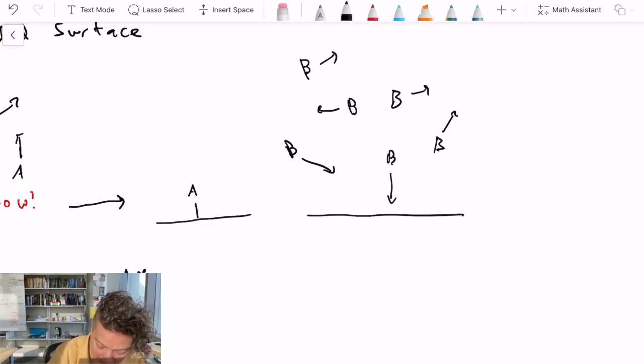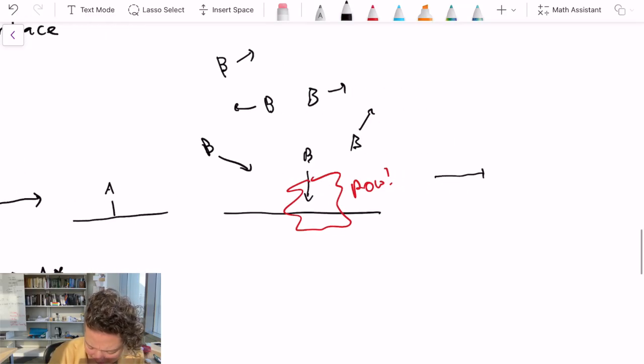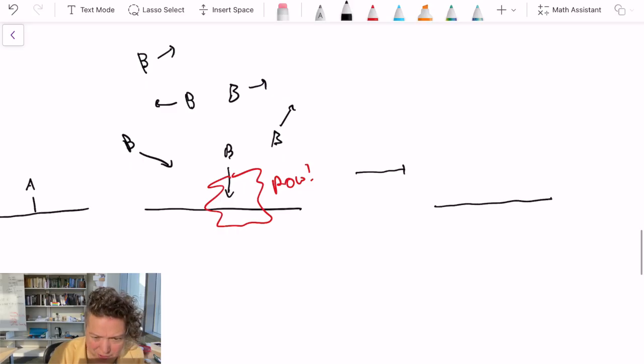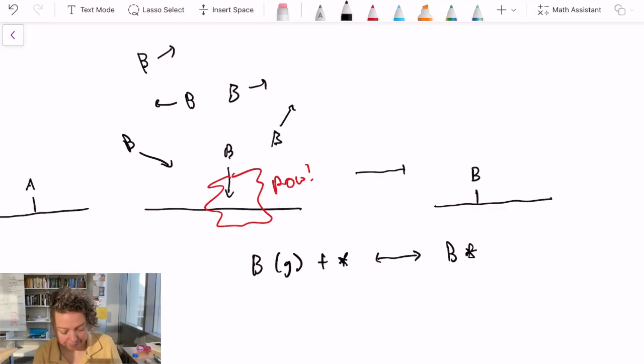One molecule of B collides with the surface, and when the dust settles, and there's really no dust at the molecular level, a dust particle would probably be much larger than these molecules, I get this adsorbed B. So B gas plus star goes to B star.